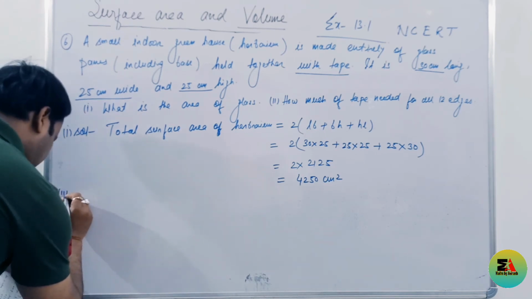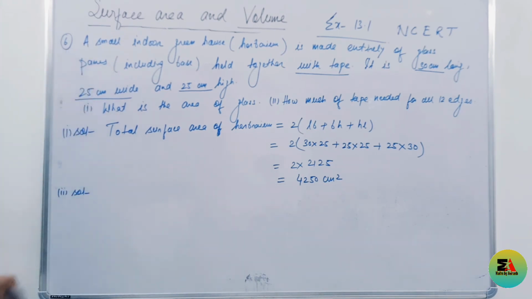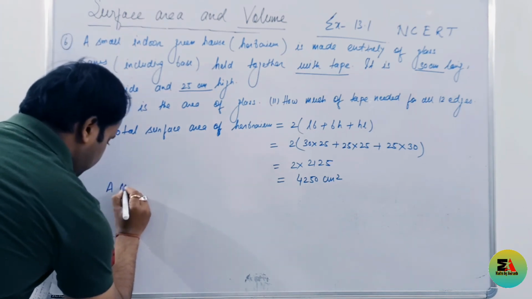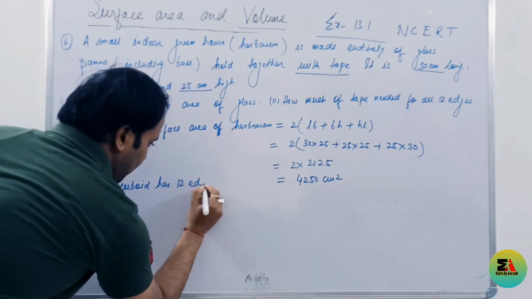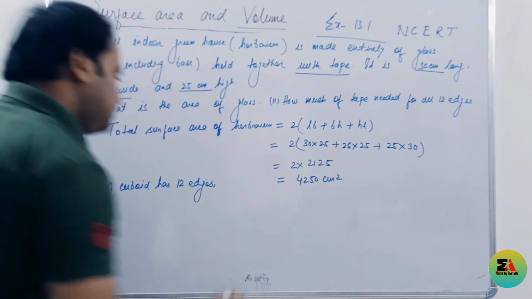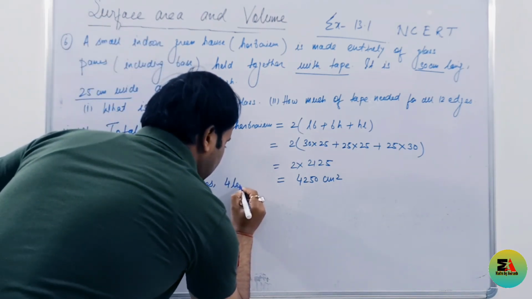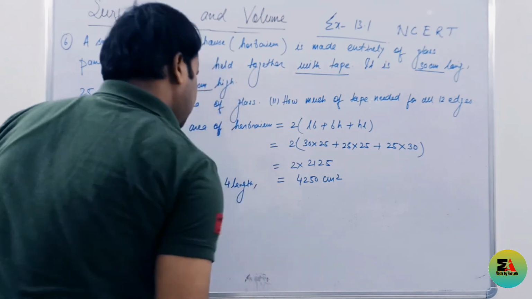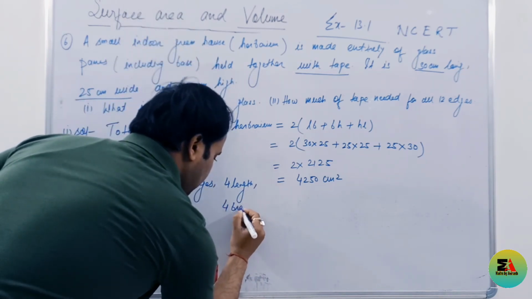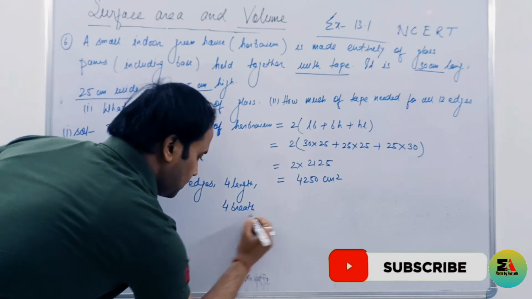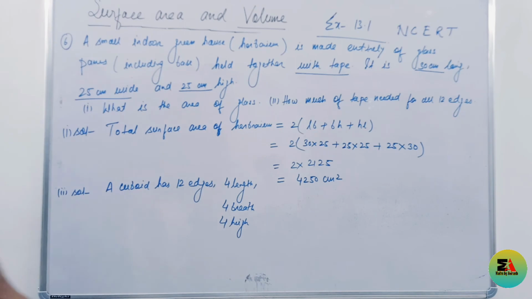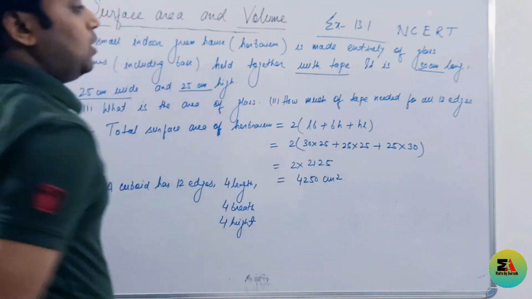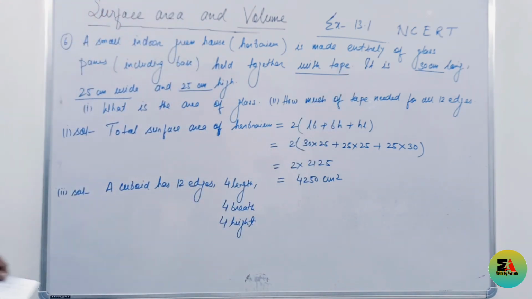And our next question is about all the 12 edges. We know that a cuboid has 12 edges, in which 4 are length, 4 are breadth and 4 are height. Clear? Then we have to calculate how much tape is needed.